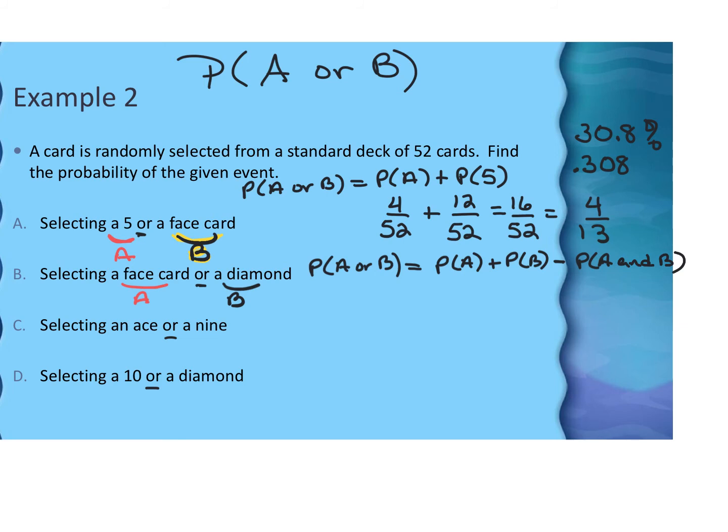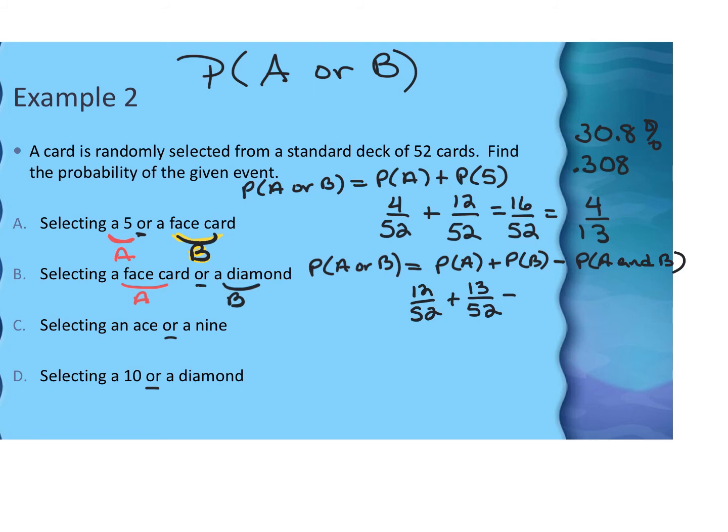So the probability of pulling a face card, again, there are 12 face cards in the deck, so 12 over 52. The probability of getting a diamond, event B, there are 13 diamonds in the deck. And now the overlap. So the face cards that are also a diamond.